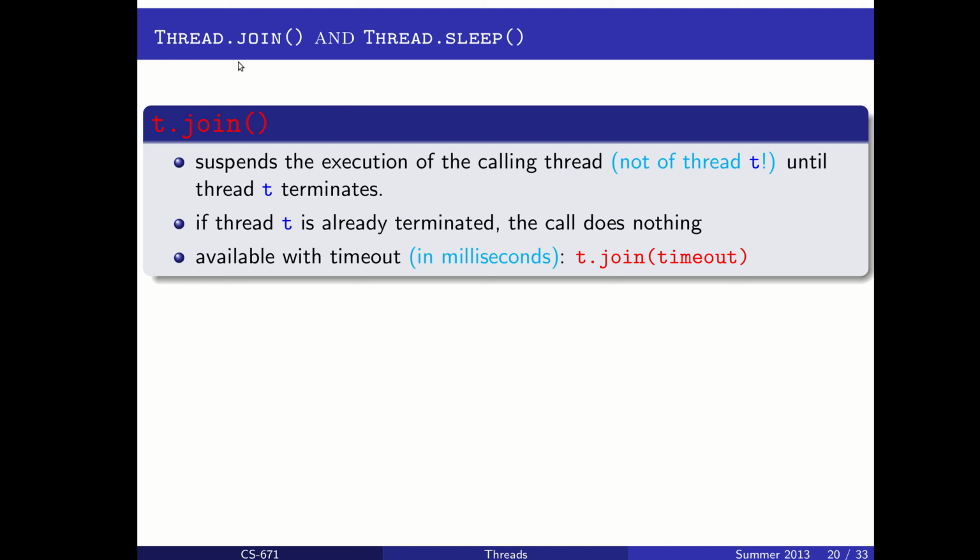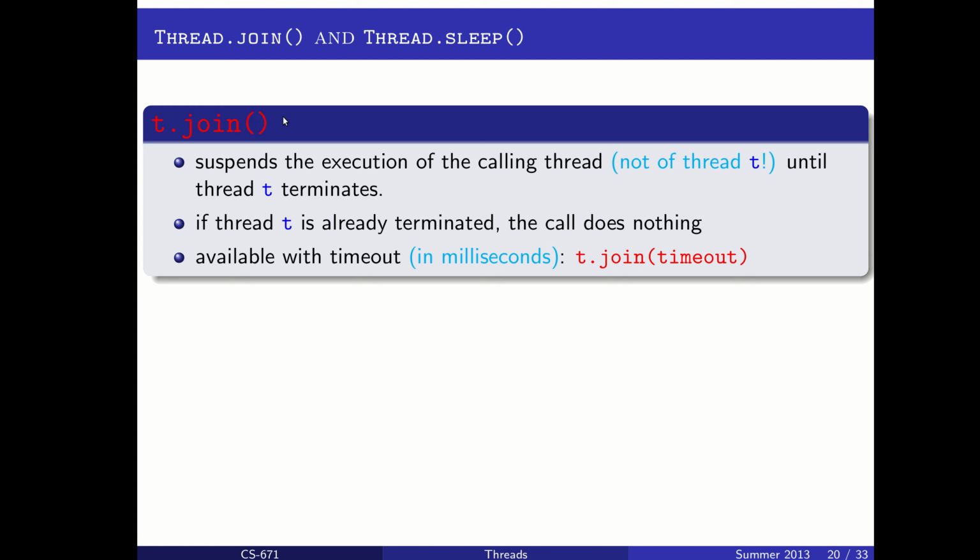The thread that's executing the call to t.join is the one that will get paused. Thread T will not get paused. That would not make sense because we are waiting on thread T to finish its work until we resume our work.